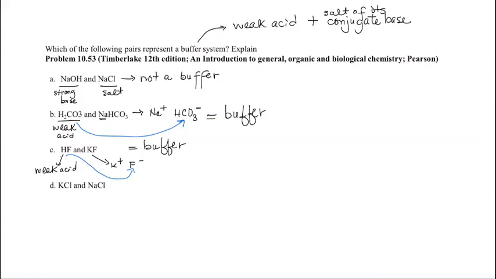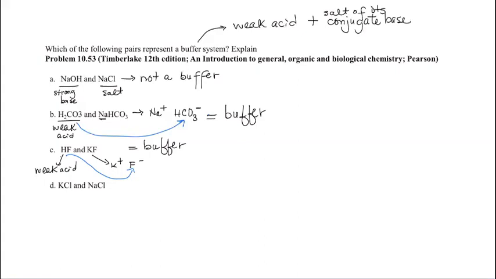Question so far. You need to be able to identify what is a weak acid, and then its pair needs to be the salt of the conjugate base. Go ahead, Thea. So I understand the weak acid and everything, but the second part is the one that gets me confused. Are we supposed to be breaking it down as if it was an equation, like we did earlier, where we figure out the acid and then the conjugate base?